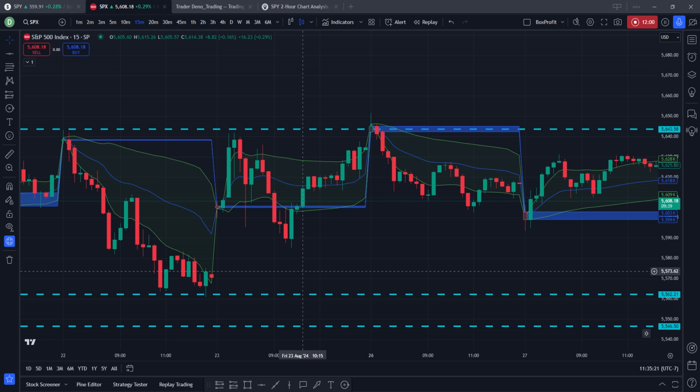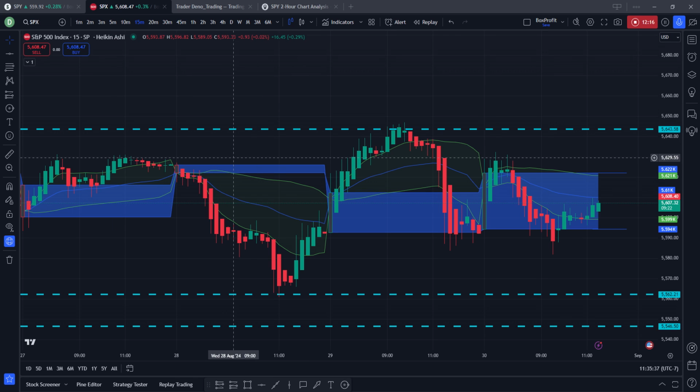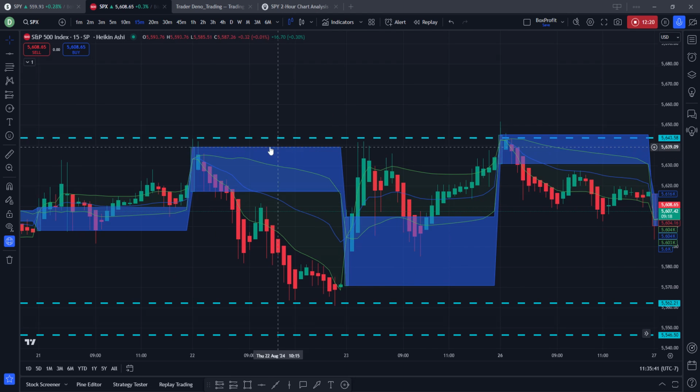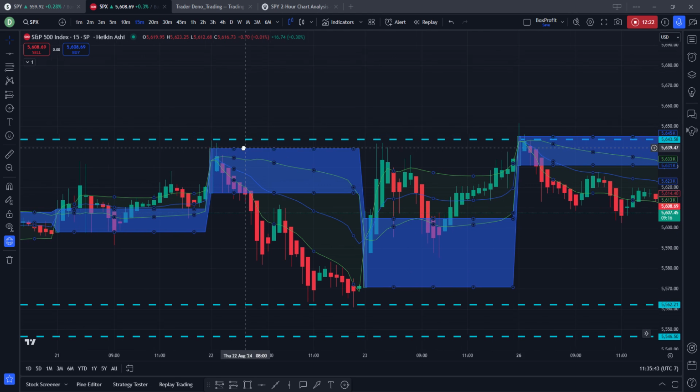To draw it as a zone, normally what I do is I change my chart type from the regular candle to Heikin-Ashi. But let's consider this day. This is August 22nd. We'll come back to August 22nd here. Let me change the chart in case it changes to something else. All right, August 22nd.